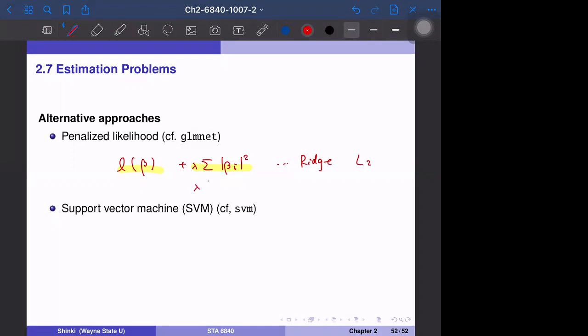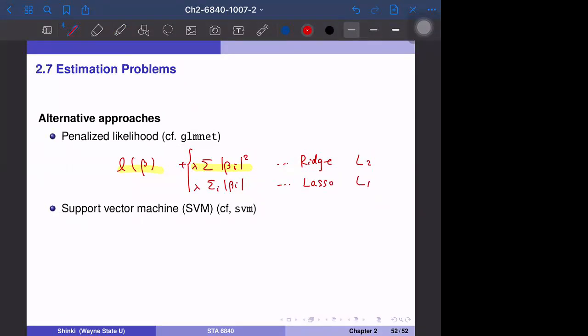Another popular penalty is lambda times the summation of the absolute value of beta i. This is the lasso penalty or L1 penalty. The idea is the same.